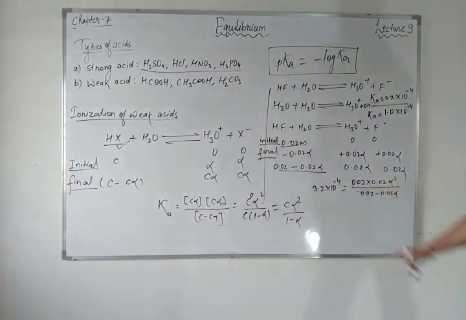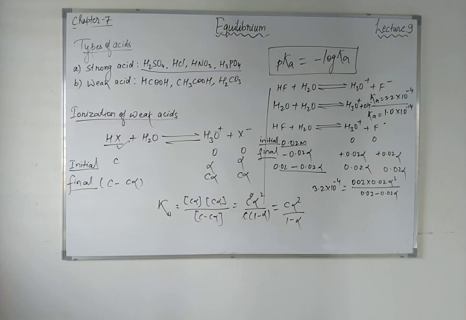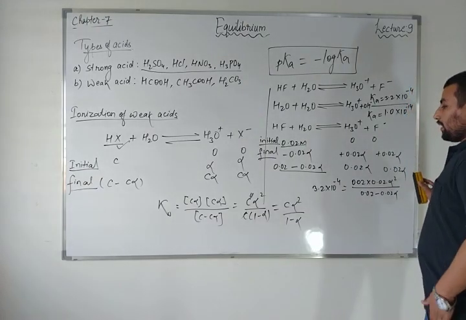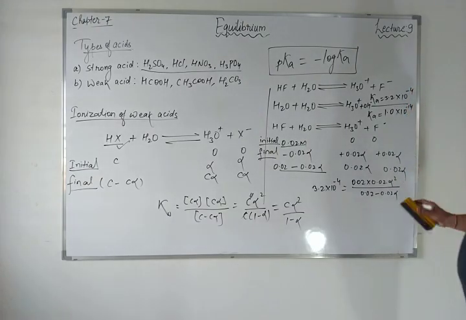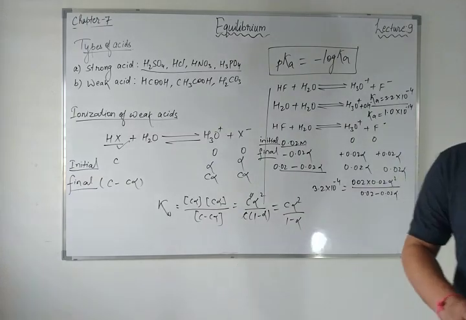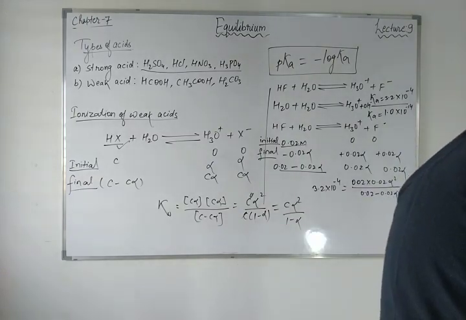Can we write like this? Yes, because the concentration values are given here, you can see. Now you can ask me, sir, should we write 2 times or not? First of all, these things must be represented.